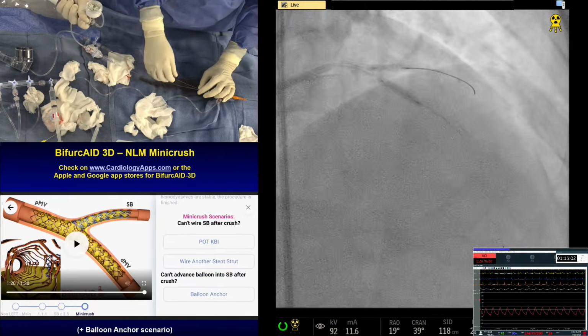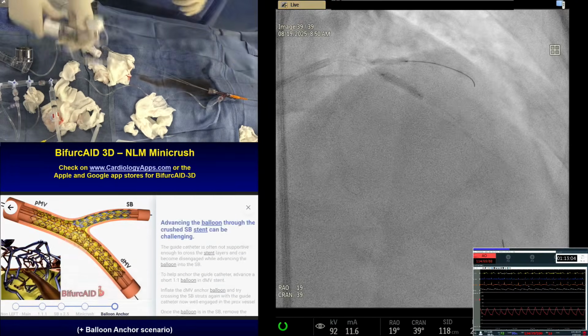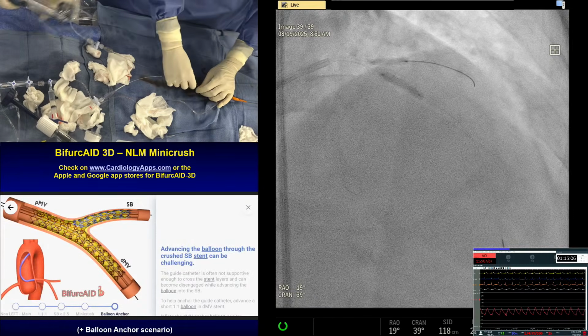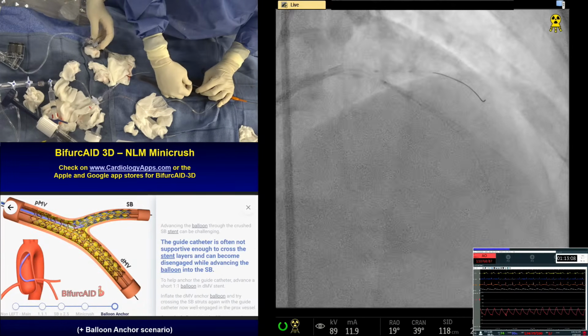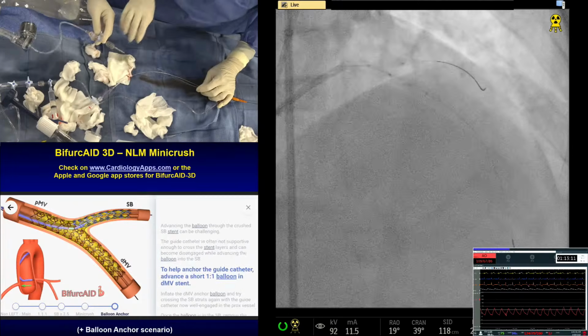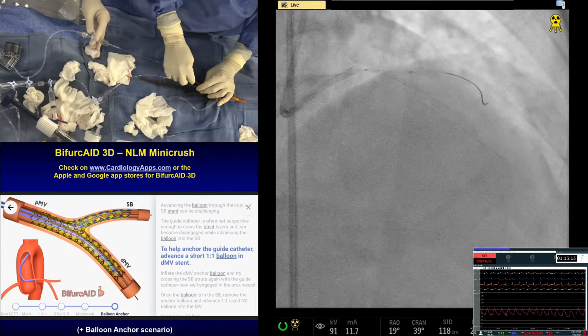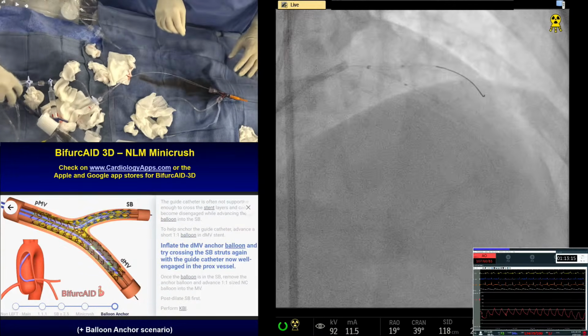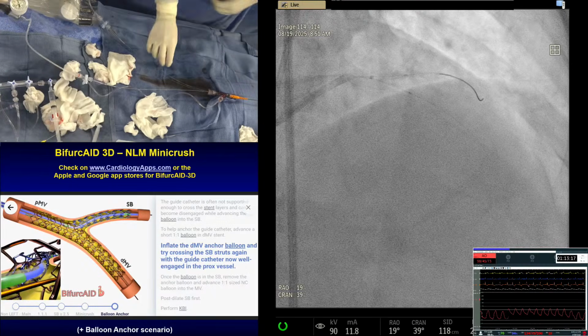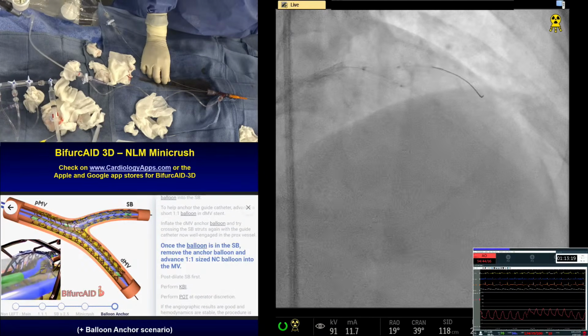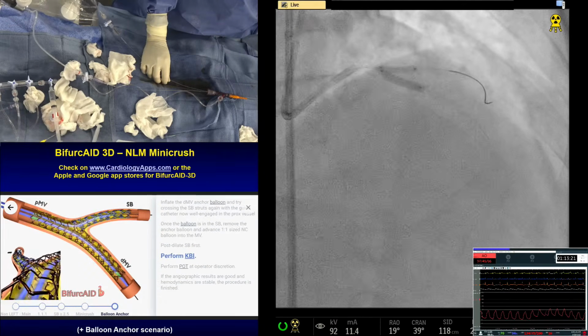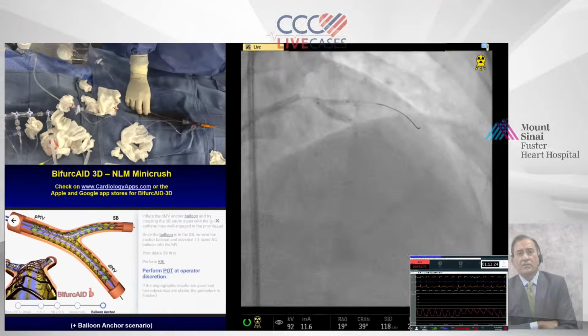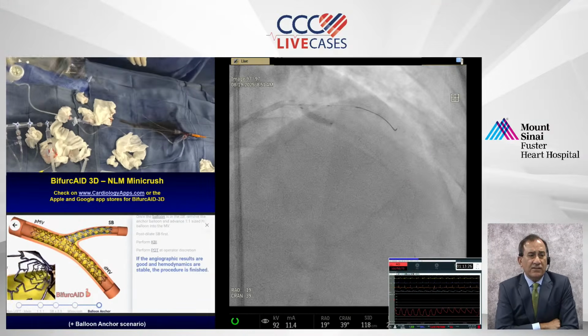So anchor, what I have noticed, I don't know if you have noticed it: when we used to use Promus a lot, Promus is done, the plan is done. We never used to struggle like this to recross and kiss. One can also go back to other live cases and watch. Now ever since the side branch is done and we have all these other stents, no matter what, all the R&D, all the engineers working on balloons and stents now work in structural heart.